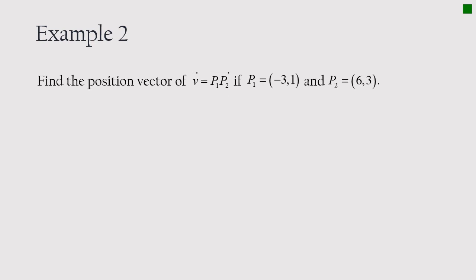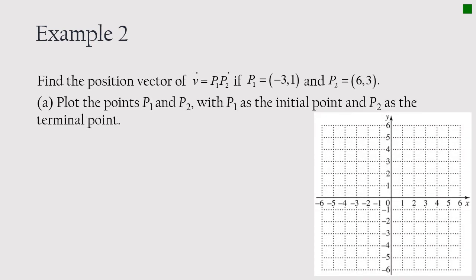So here's another example. Find the position vector of the vector that's created by using these two points. What this means is we're going to start at this point, our initial starting point, -3, 1, and it's going to end at P2, which is 6, 3. So our vector v starts at the first point, -3, 1, and ends at the second point, 6, 3.